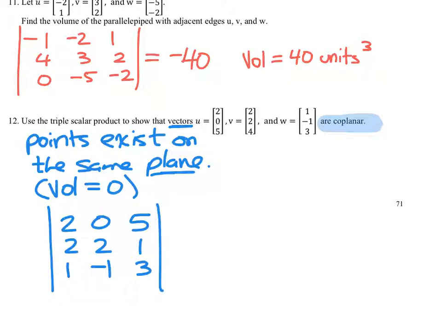determinant. The biggest challenge here is just typing it in, of course. So I get -6.